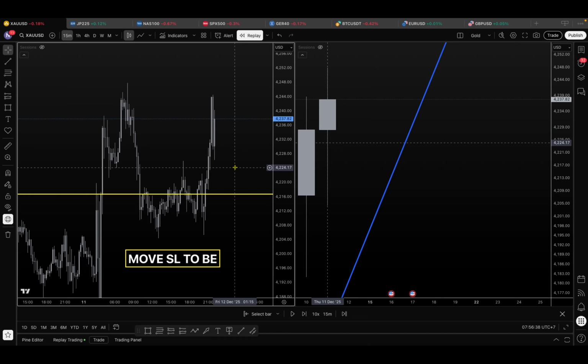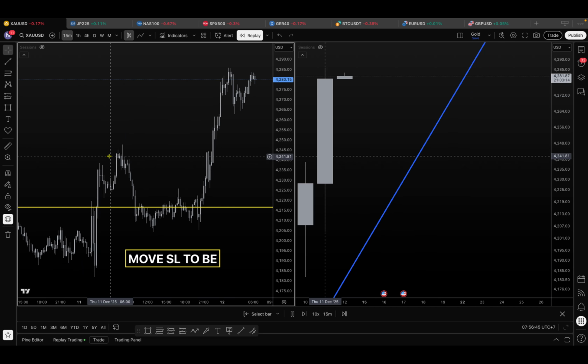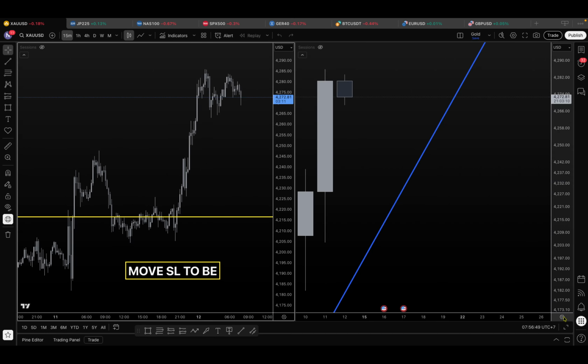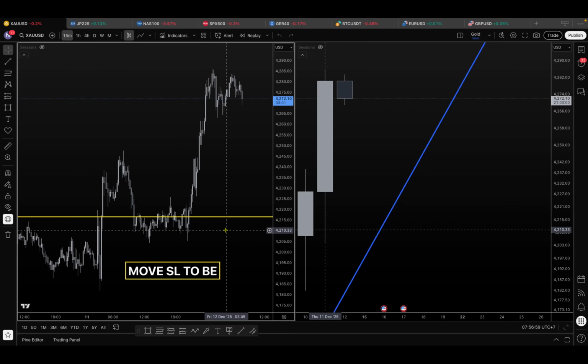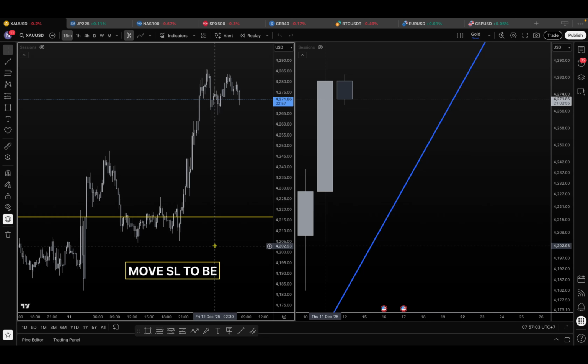If I could keep the trade, I would probably get another R as the price breaks this level. But that's fine, because that trade was a good trade, and I executed it right. I managed it right.